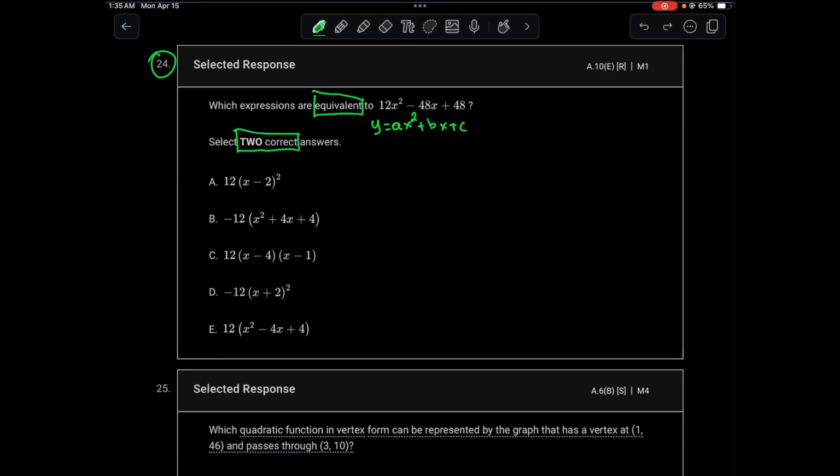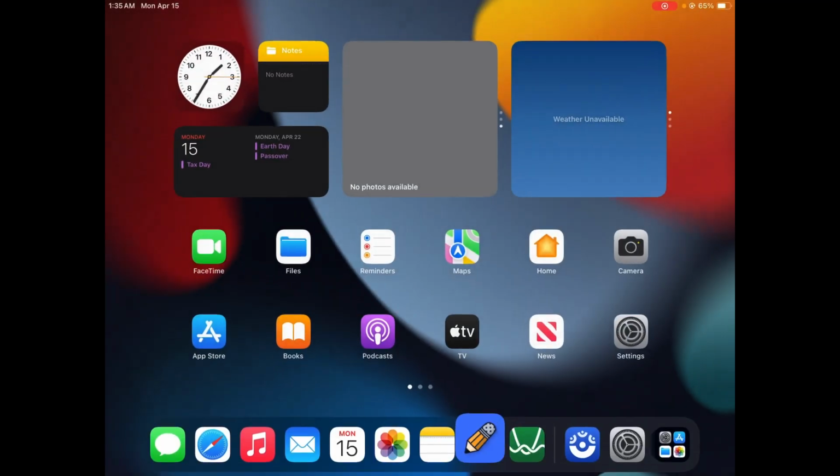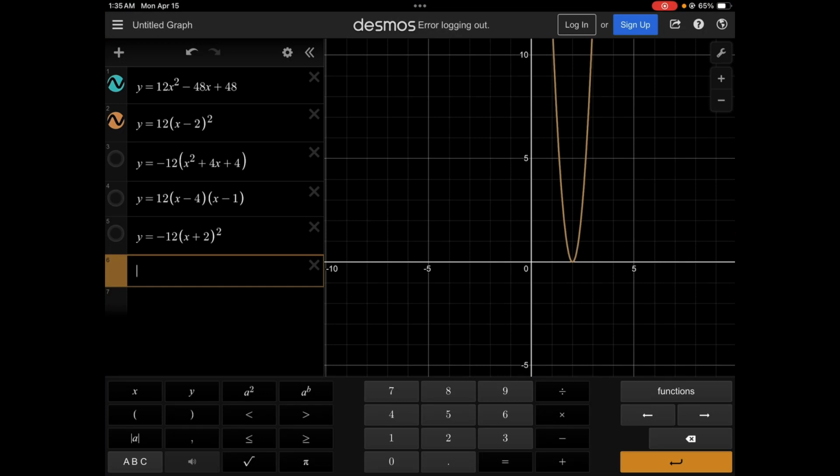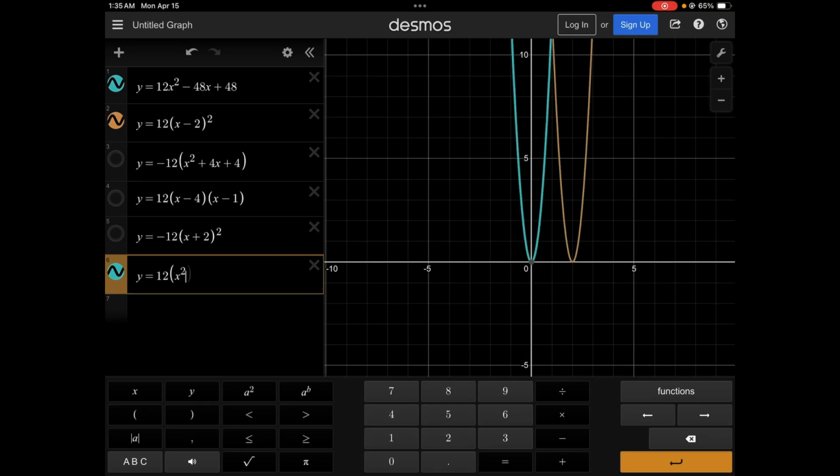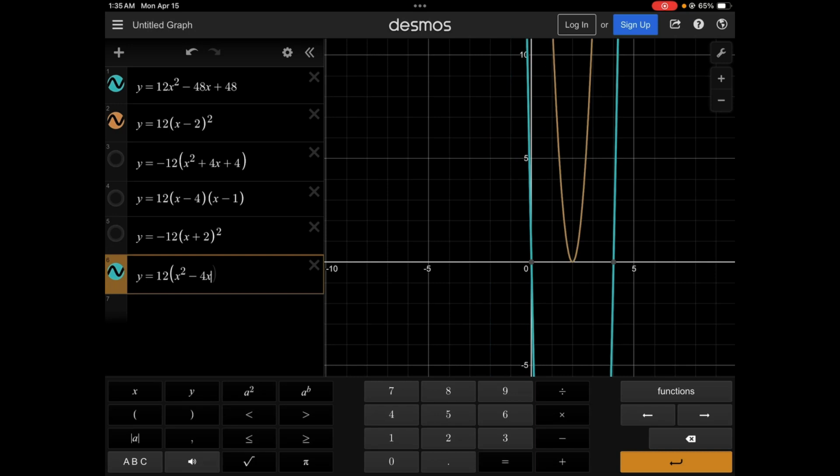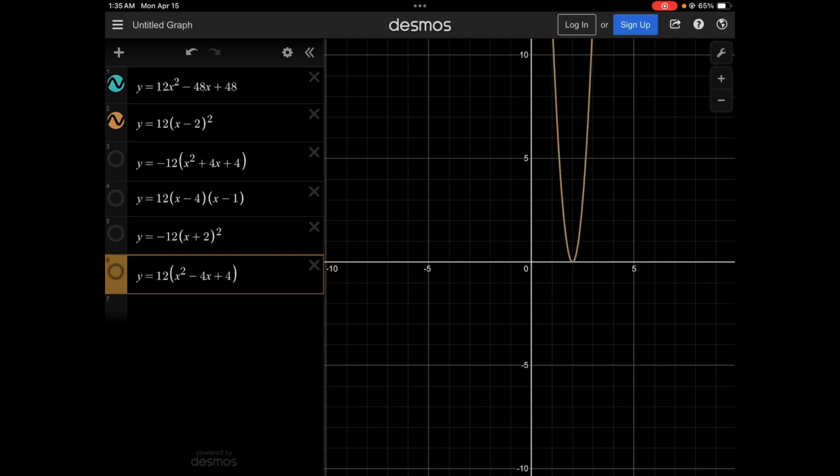Oh, and they give me 5 options here. Okay, so it's 12x squared minus 4x plus 4. X squared minus 4x plus 4, and of course it's the same.